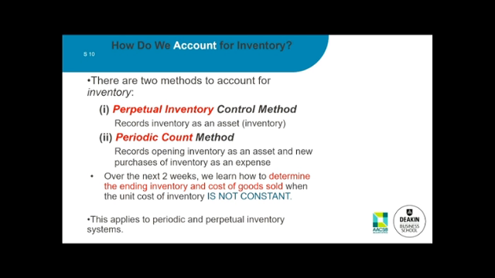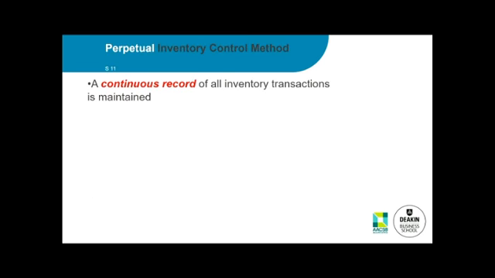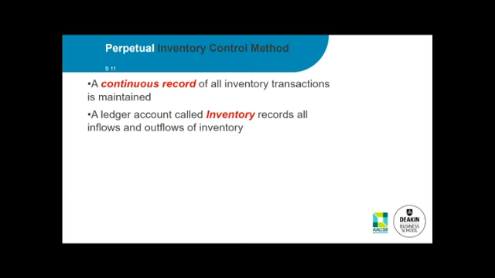Okay, so let's have a look at the perpetual inventory control method in more detail. It's a continuous record, meaning that all the transactions that pertain to inventory, increase or decrease, are recorded continuously after every single transaction. A ledger account called inventory records all inflows and outflows of inventory.